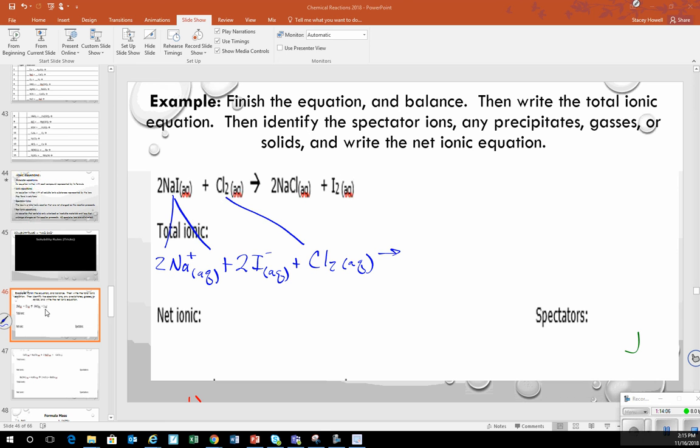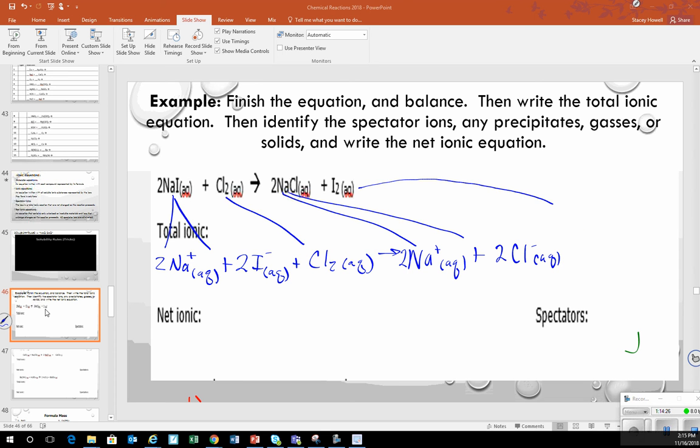I put the arrow in. NaCl is going to split into 2 ions: 2 Na plus AQ plus 2 Cl minus AQ. And then we get one more at the very end, which is the I2 AQ.